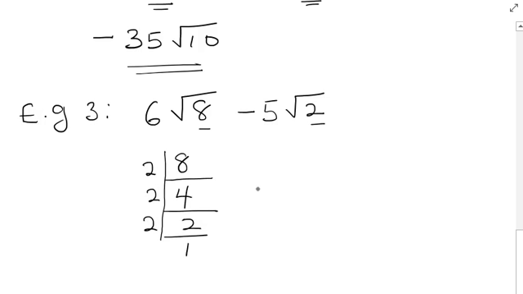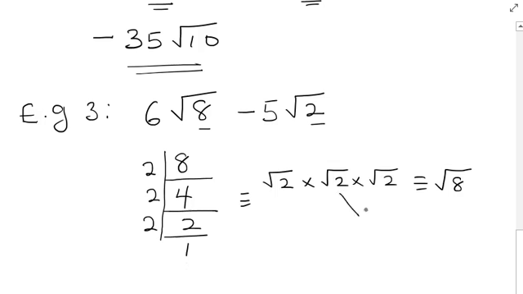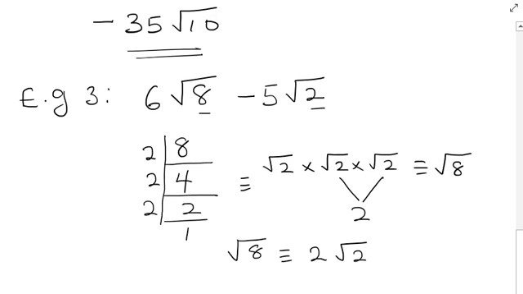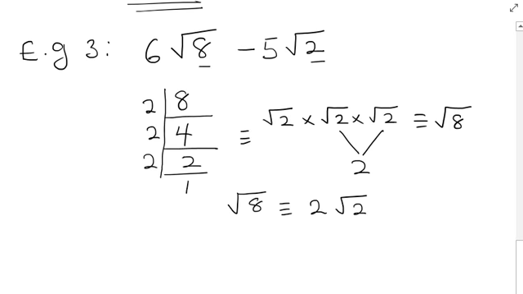So what we have is root 2 multiplied by root 2 multiplied by root 2 giving us root 8. But don't forget, root 2 multiplied by root 2 is 2. So root 8 means that we can write it as 2 root 2. So we can now plug that into our equation.